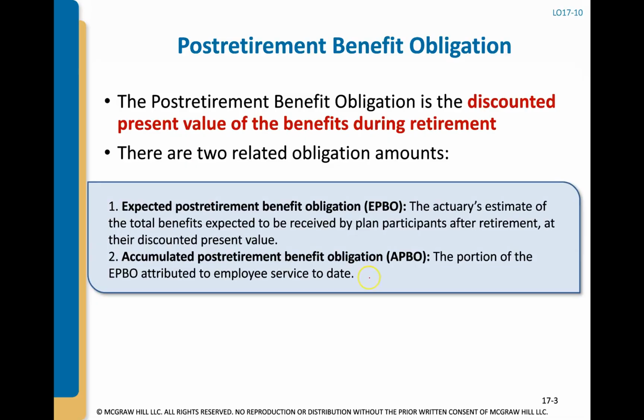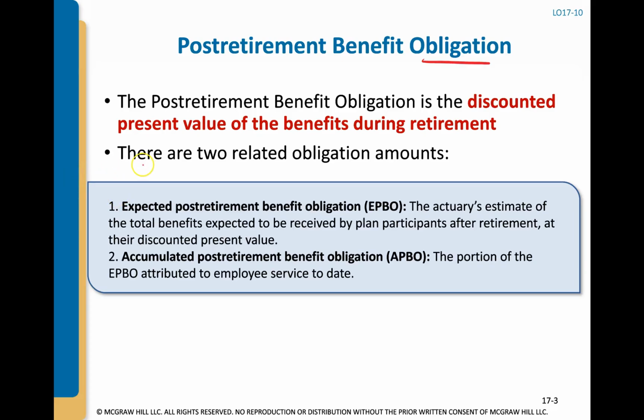There are two obligation amounts related to the post-retirement benefits. And when we say obligation, we mean liabilities, right? Just like when we have a pension, we have a projected benefit obligation that the company records for the future payouts for those pension payments.